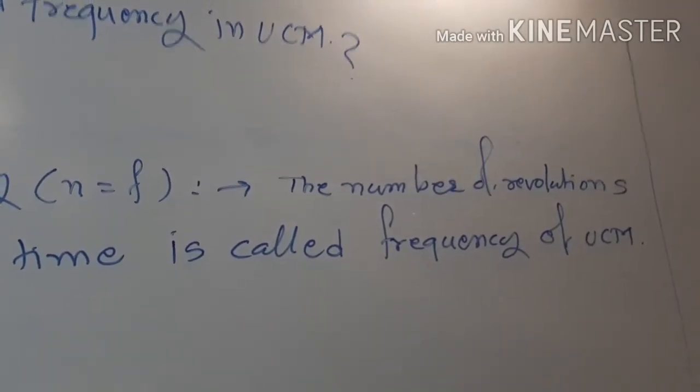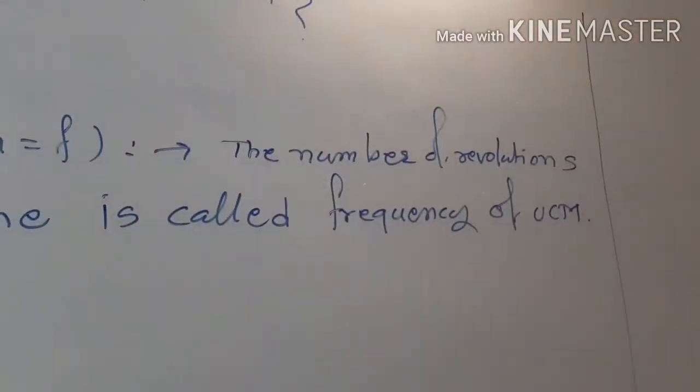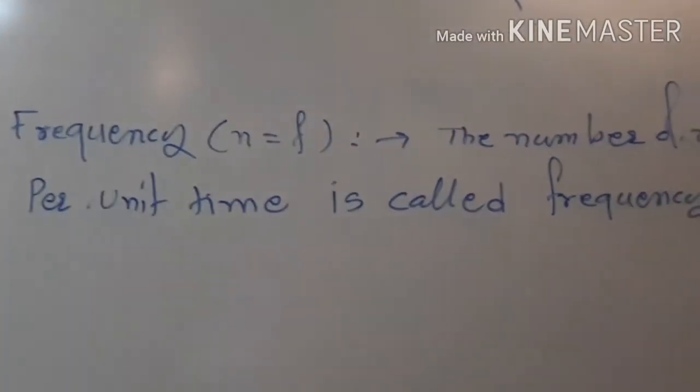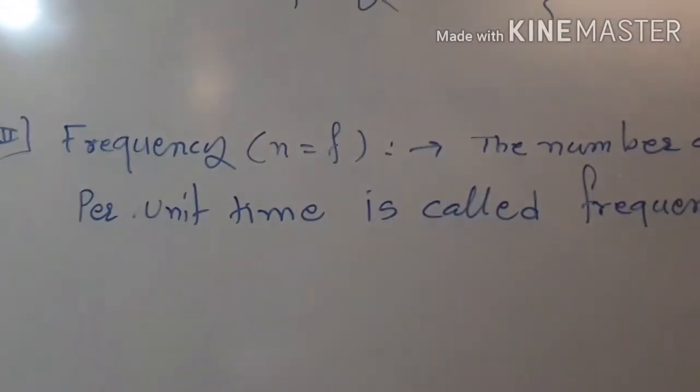Write down simultaneously the definition. The number of revolutions per unit time is called frequency of UCM.